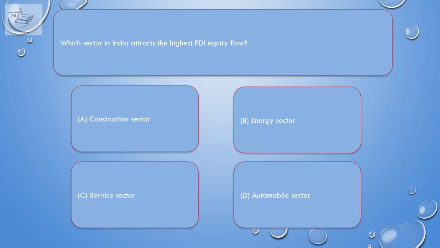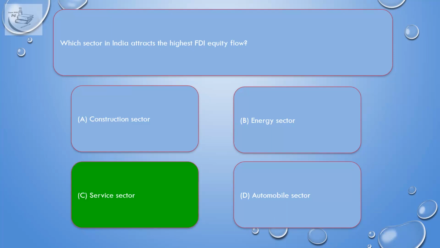Question: which sector in India attracts the highest FDI equity flow? A. Construction sector. B. Energy sector. C. Service sector. D. Automobile sector. Correct answer is C. Service sector.